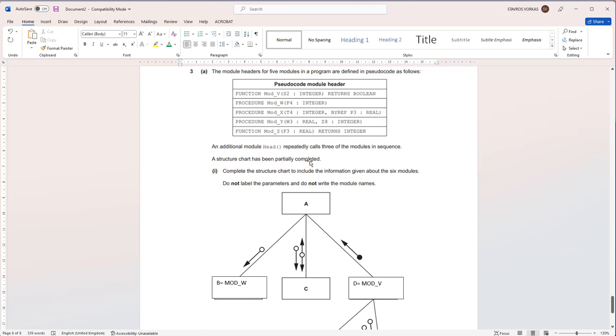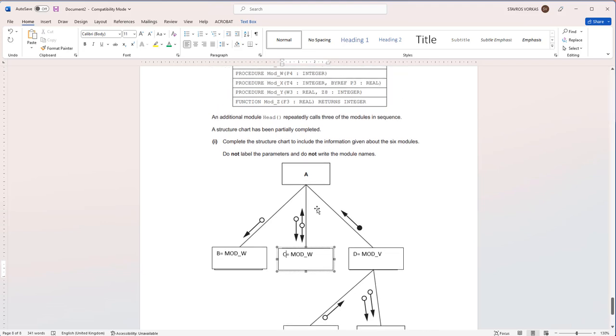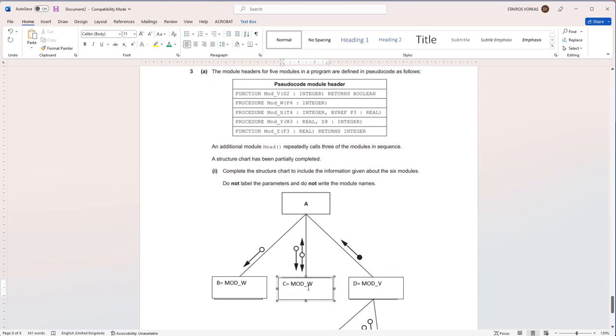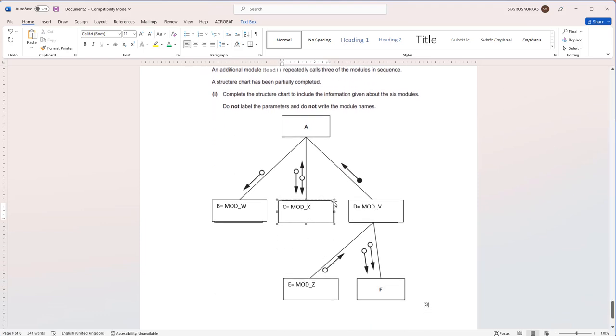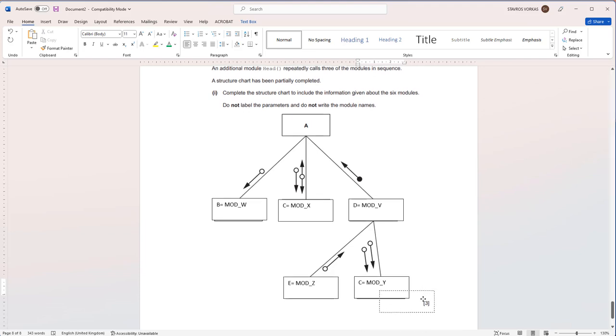The only one that has two parameters being passed in and a double-sided arrow is C. So we've immediately figured out this one. So that would be C, and it's called mod X. We're not going to do any more digging around. We're going to copy this and paste it here, and we're going to say that the last one, obviously, because it's the only one that's left, is mod Y. Here we go, mod Y, and the letter for this one was F.